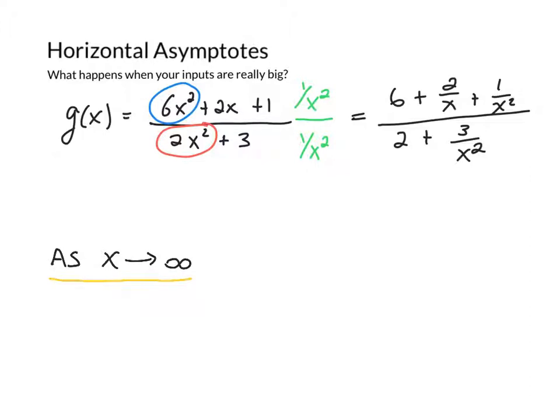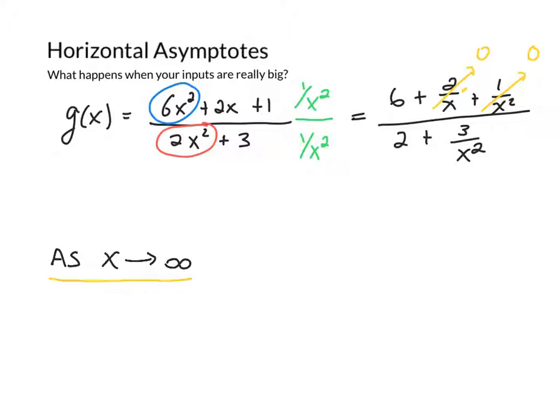So as x goes to infinity, what happens to this term right here? What happens to 2 over x? Well, I'm going to take 2 and I'm going to divide by really big numbers, so this thing goes to 0. Well, if I take 1 and I divide by a really big number, this thing's also going to tend to 0.